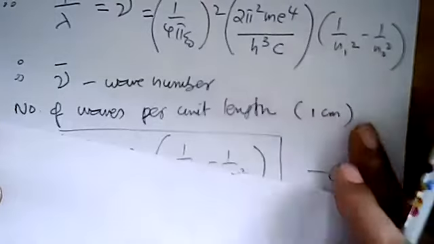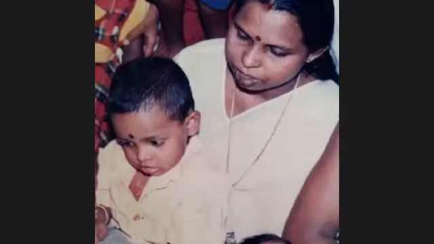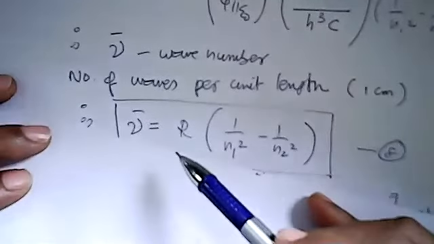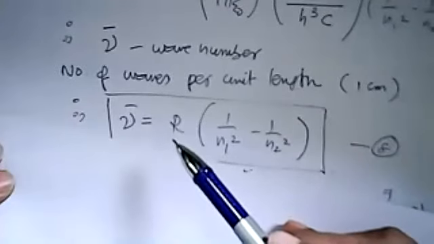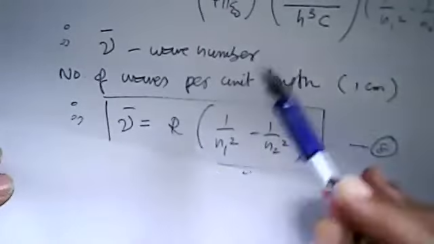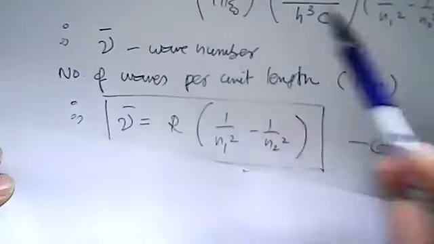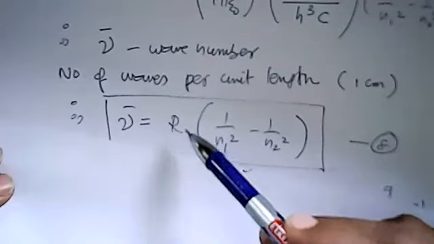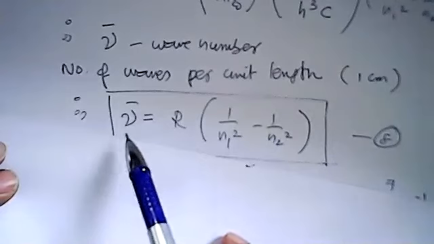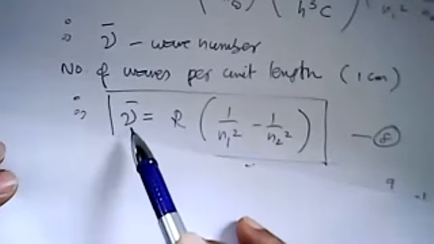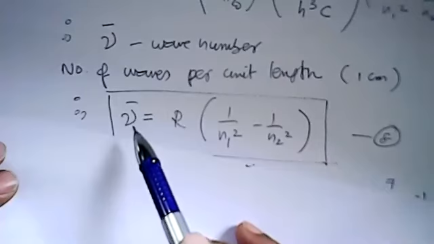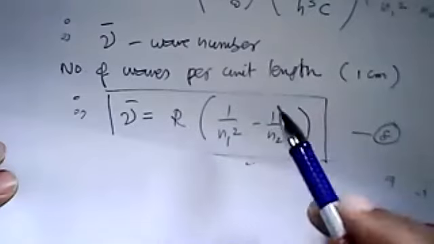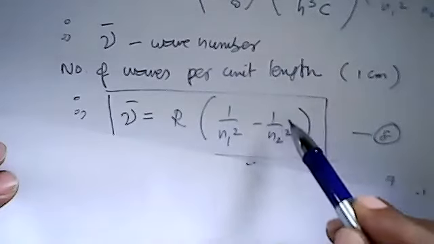These first two brackets form a constant, and you can call it capital R, which is known as Rydberg's constant. So we get a simple expression: 1 by lambda or nu bar equals capital R into 1 by n1 square minus 1 by n2 square.